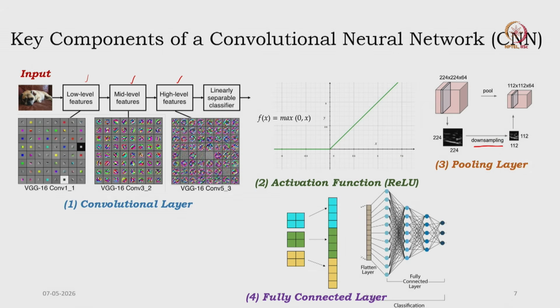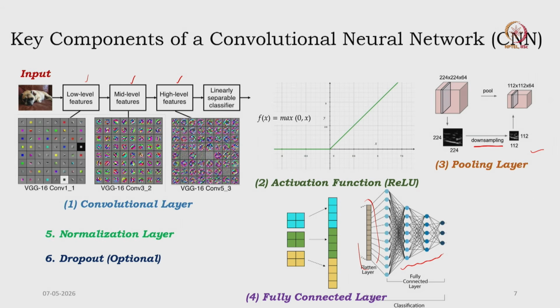So what exactly is a fully connected layer? Definitely we have to convert the output of the pooling layer into a single vector, and that single vector will be passed to a fully connected layer, which is mainly responsible for classification. So the fourth component is a fully connected layer. Apart from this, there are optional layers.